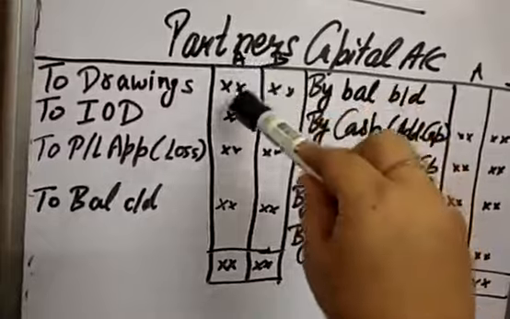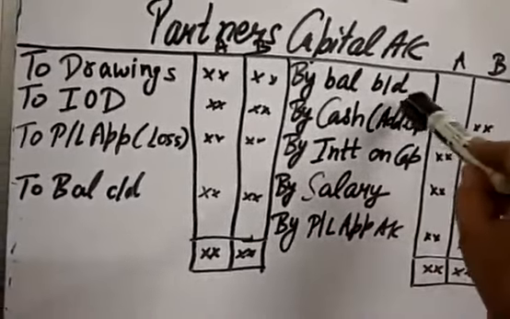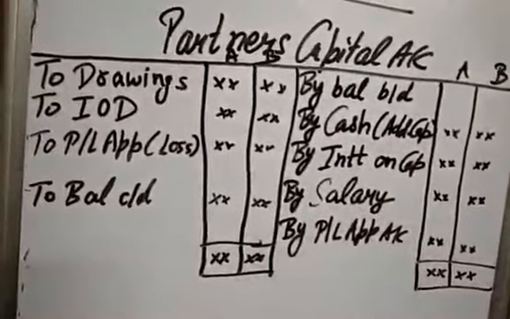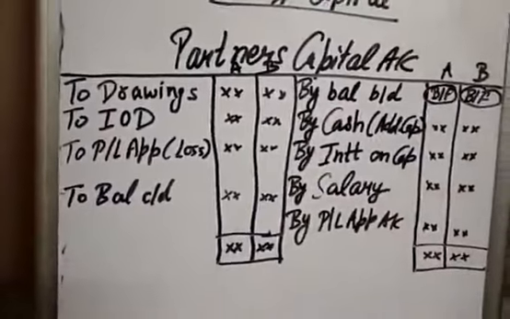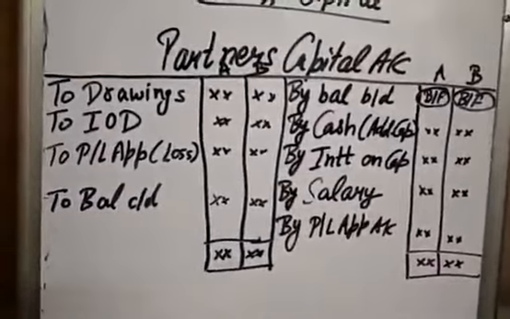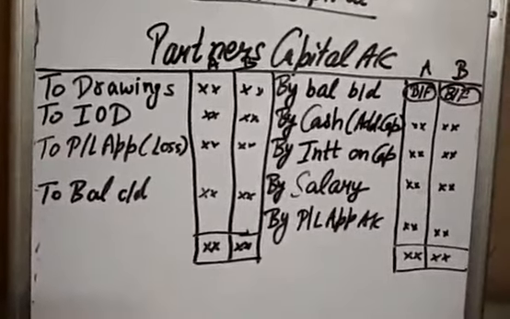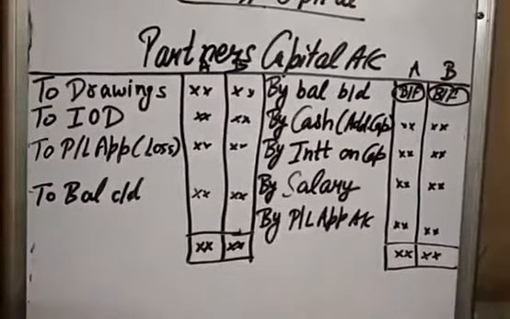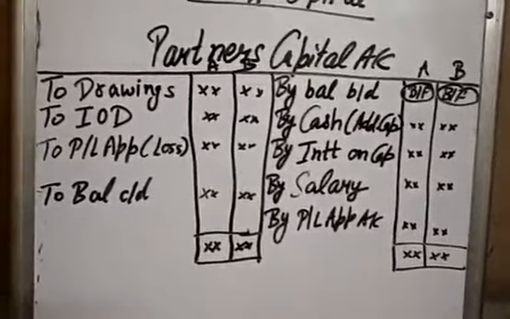You will add all these items, total it, deduct all these items, and whatever the balancing figure is, it will be your opening capital. So I have given you two methods. You can do it the account way, or you can do it the other way. This is your wish. You can adopt any method, whichever you find easy and comfortable.